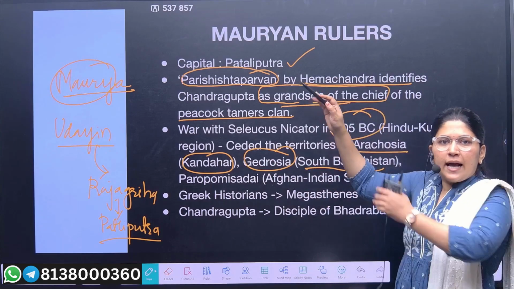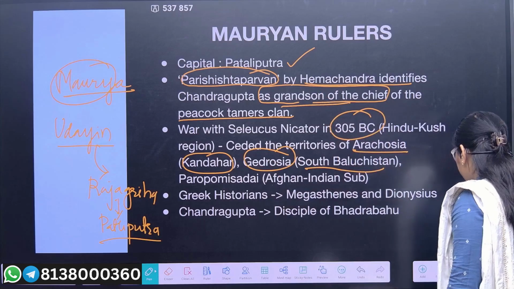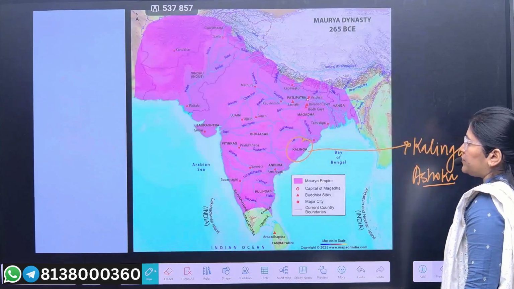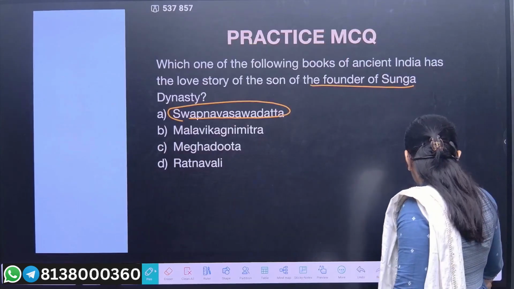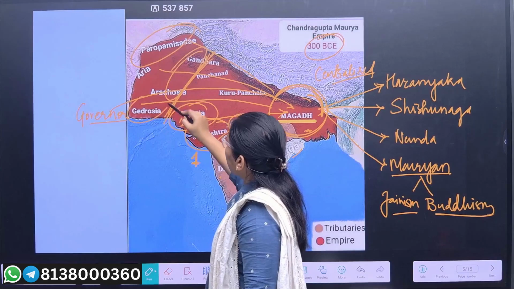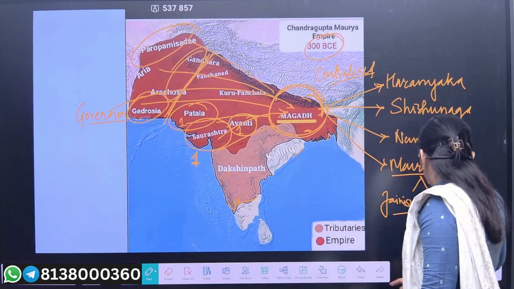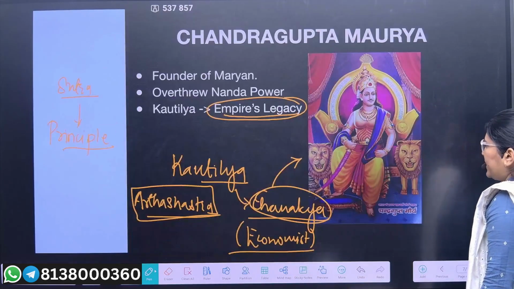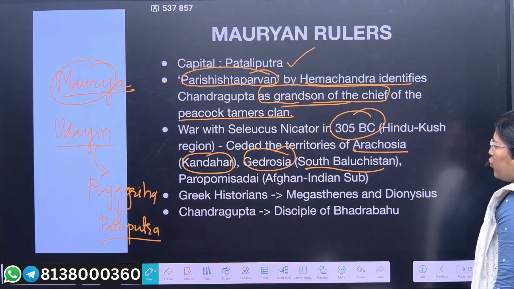So both north and the south. Let me show you. North and the south, both. So he expanded his territory very vastly.